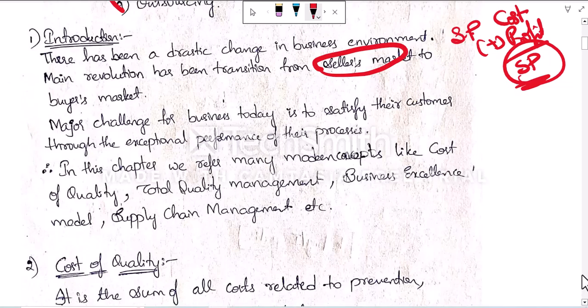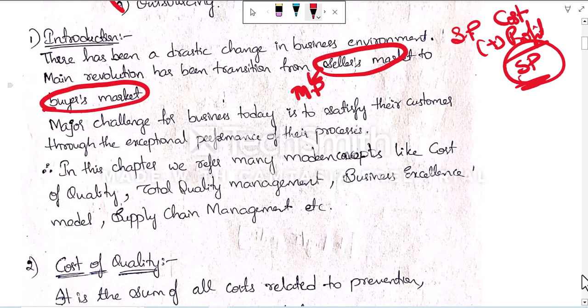want to earn. But what happened now in the modern business environment? It became a buyer's market. Buyers are dictating the price. Sellers are in a position to sell the product at the market price, at which the buyer is able to pay for the product.